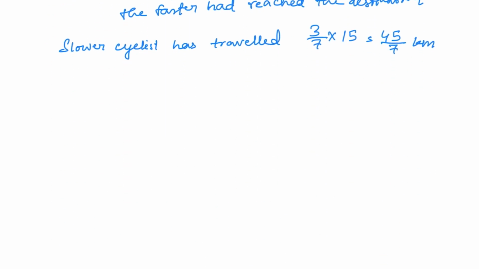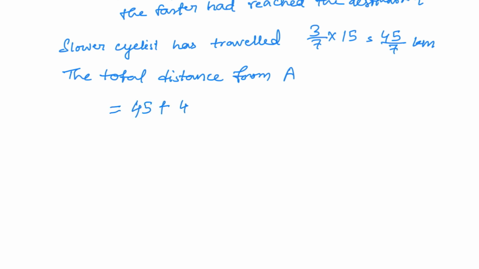So the total distance from A, the starting point, will be 45 plus 45 by 7, it will be 51 whole 3 by 7.